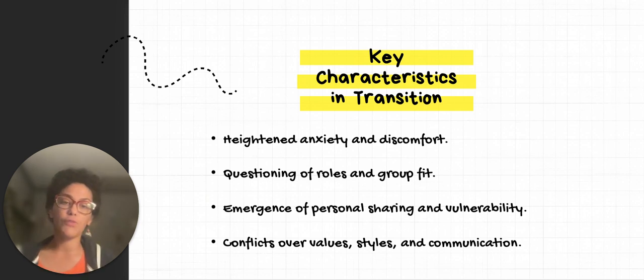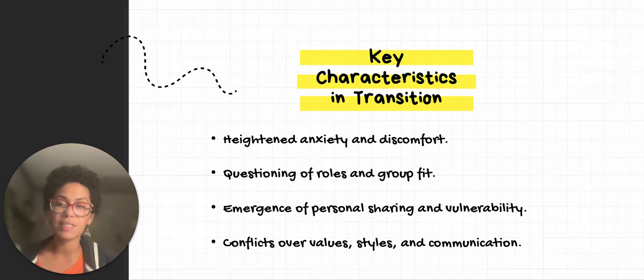The group itself may start to address more personal issues, and members might begin to question their roles within the group itself. At this stage, individuals may feel unsure about how to engage more fully, or fear being judged or rejected by others. And these feelings, when they pop up, can lead to defensiveness and reluctance to fully participate.